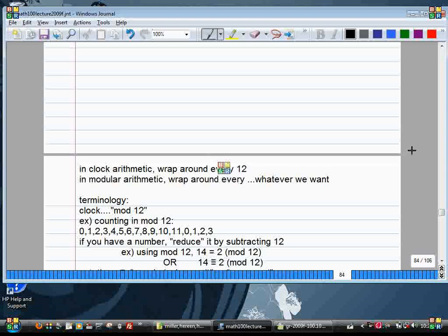Another technical math term for this is to say congruent. So instead of saying is equal to, you could also say is congruent to. I'm not going to make a big deal about that though, so either one is fine. So you'd say 14 is equal to 2 mod 12, or you could say 14 is congruent to 2 mod 12.